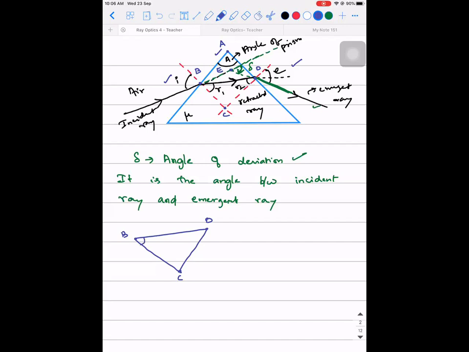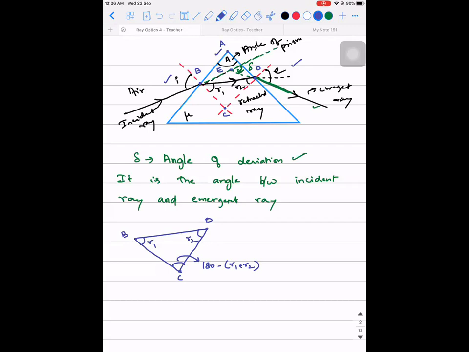R1. That's right, R1. What is this angle? R2. Then what is angle C? Is it not 180 degrees minus of R1 plus R2? Accepted?